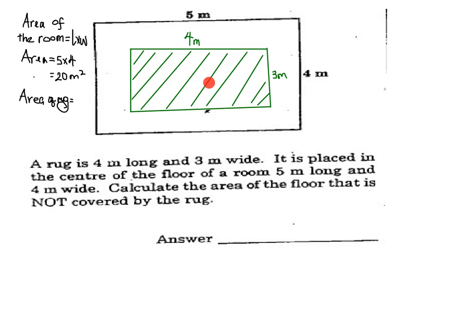What is the shape of the rug? We call a four-sided figure where one side is longer than the other a... 4 meters. Right, so the length of that rug is 4 meters, but what is the shape? Rectangle. A rectangle again, exactly.